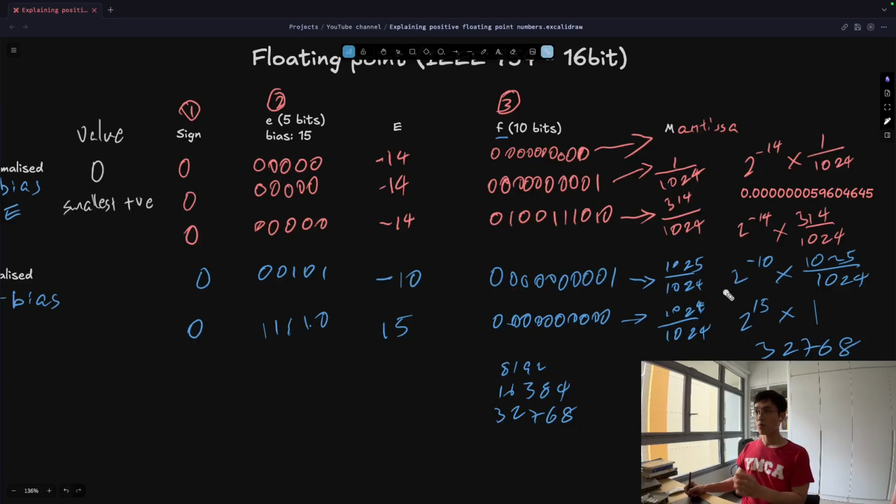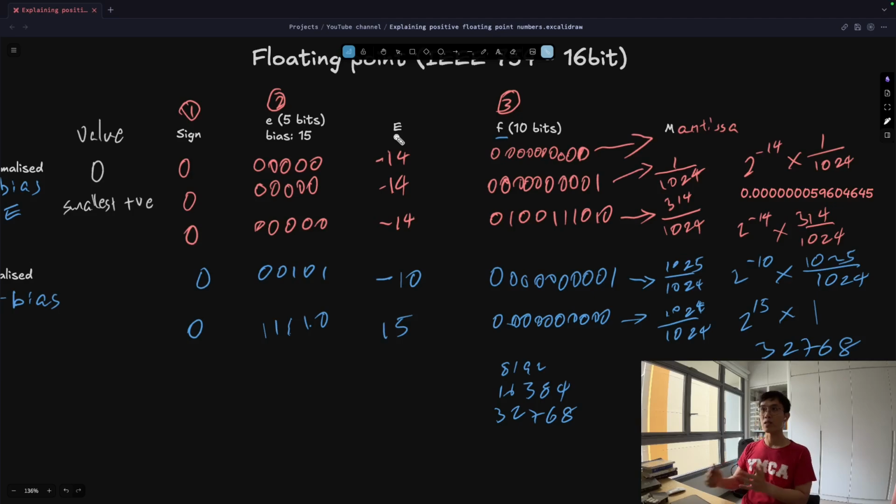This mantissa value multiplied by 2 raised to the power of the exponent gives us the floating point value. And that is how we can derive floating point decimal values from the floating point representation.